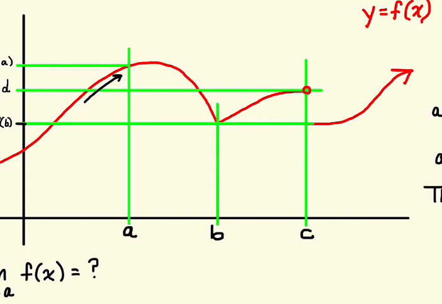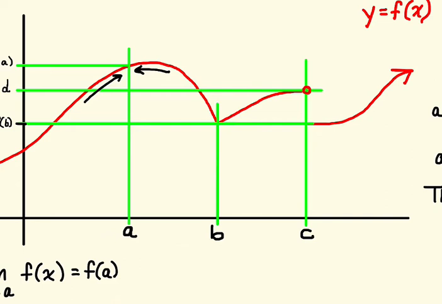As x approaches a from the right, the function is growing to a height of f of a. So it's approaching the same height from the left and the right. The limit exists. And in fact, what is the limit? The limit is f of a, because in fact, f of a exists. That is the limit. Okay?